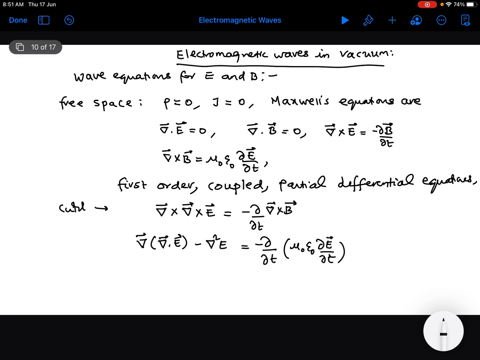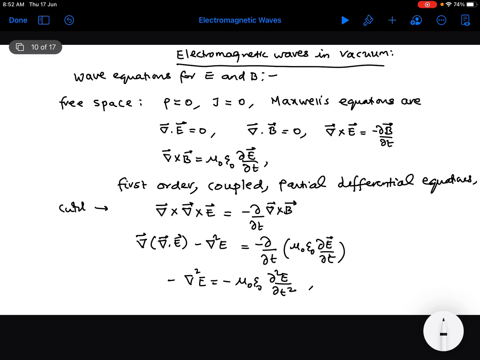We know that divergence of E is 0, so we have minus del square E is equal to minus mu naught epsilon times dou square E by dou t square. The minus signs cancel. This is the wave equation for the electric field.